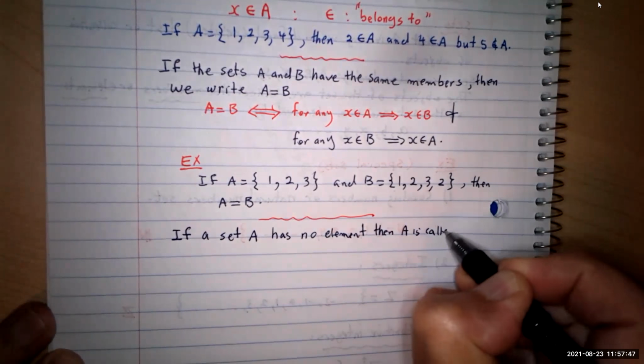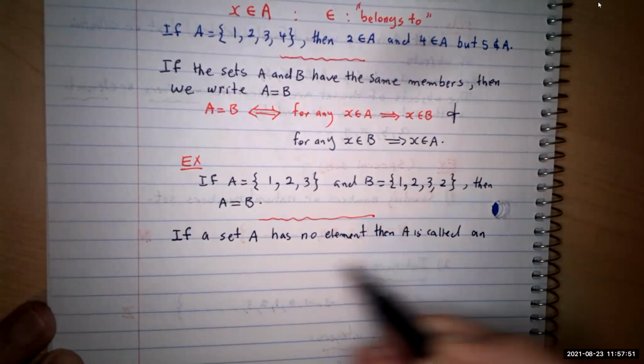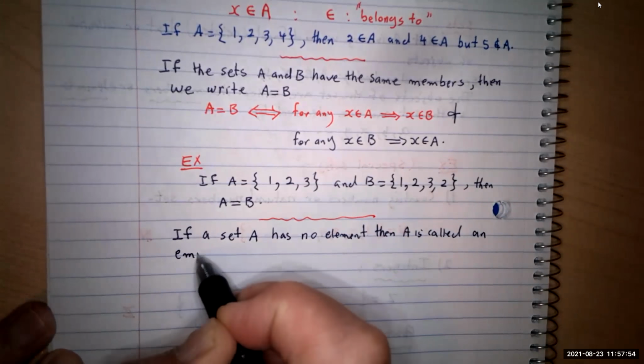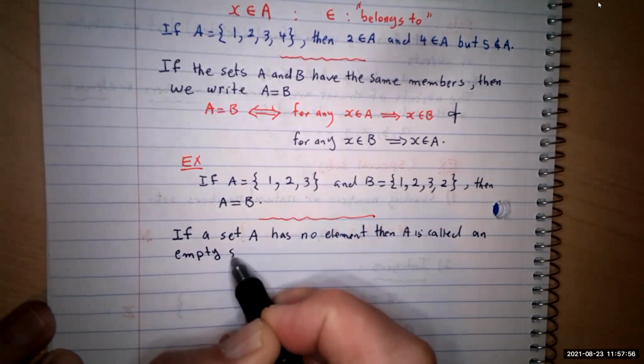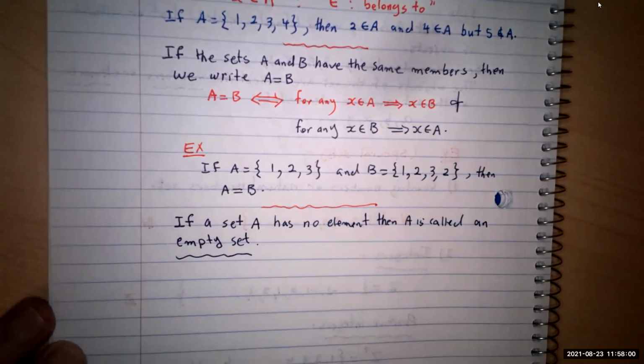A is going to be called an empty set. A set with no elements.